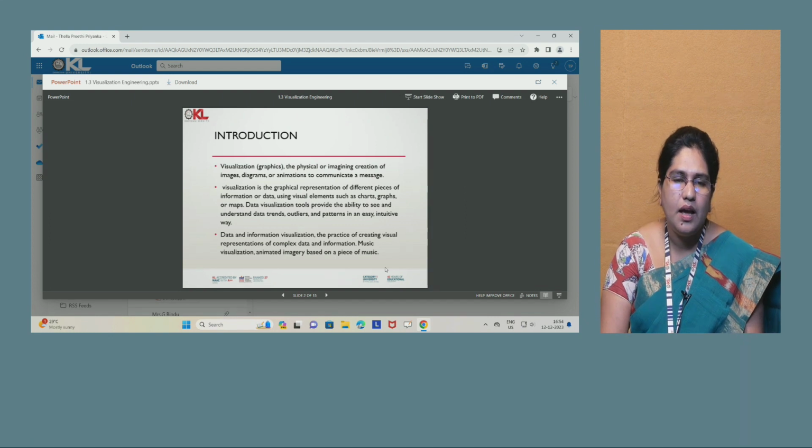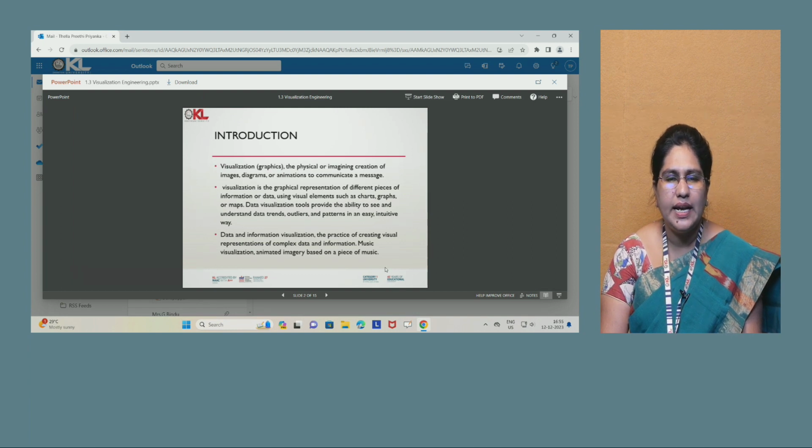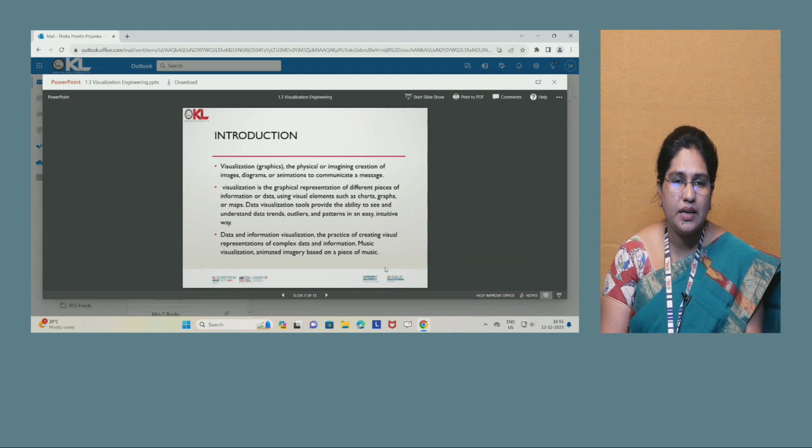The next topic is data and information visualization. What is data and information visualization? It is the practice of creating visual representations of complex data and information, like music visualization, an animated image based on a piece of music.